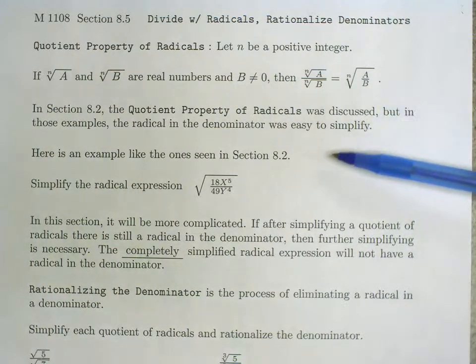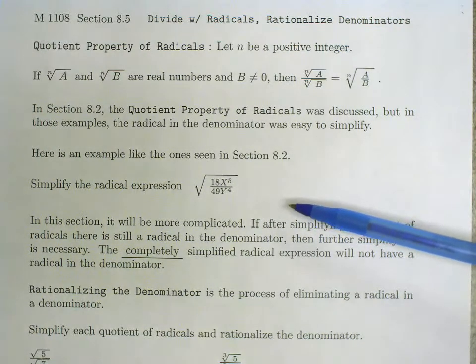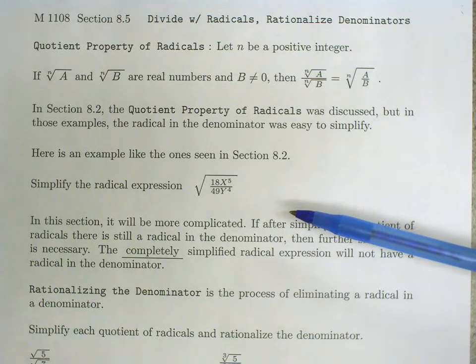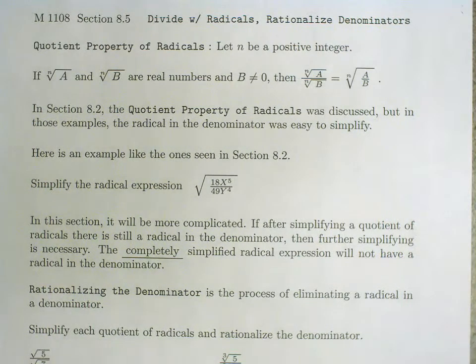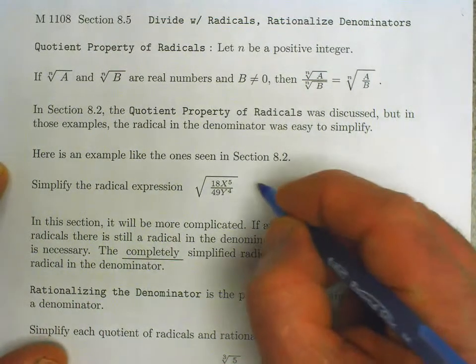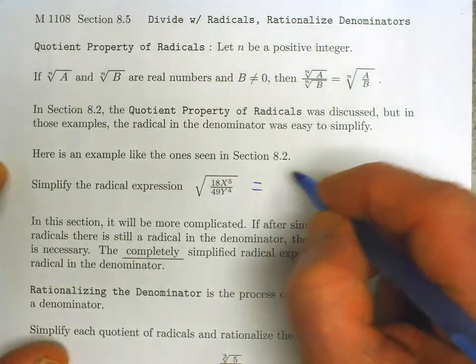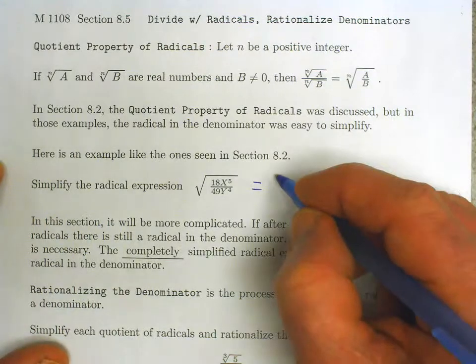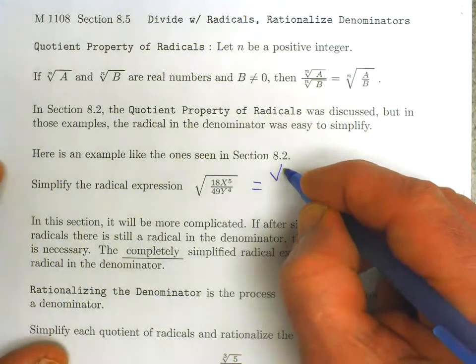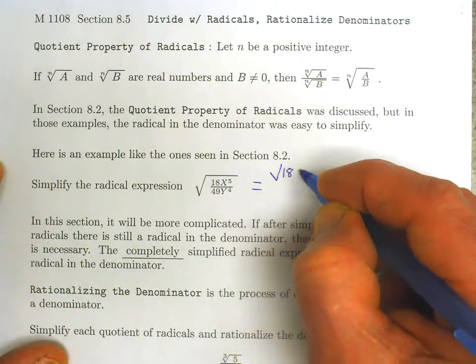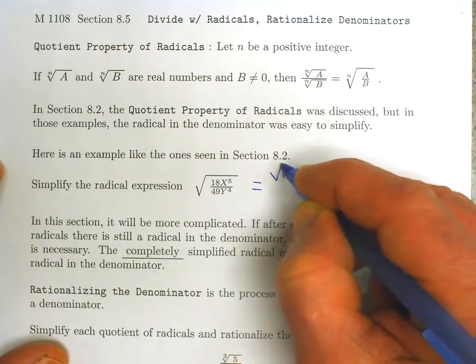So here is an example like the ones that we saw in section 8.2. Simplify the square root of 18x to the fifth divided by 49y to the fourth. Okay, so we can rewrite this as a quotient of square roots. In the numerator, we have the square root of 18x to the fifth.